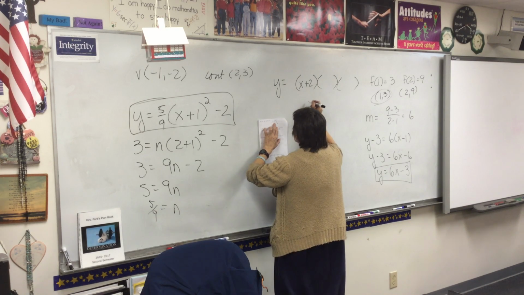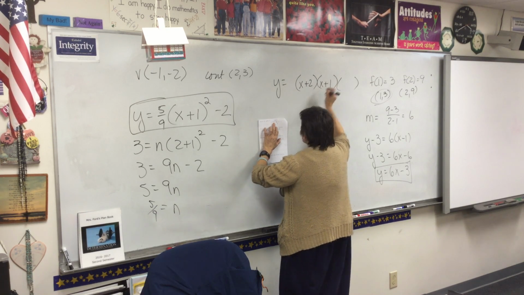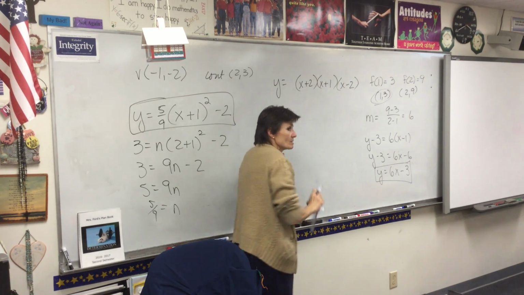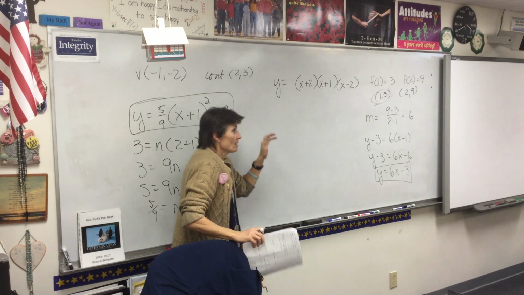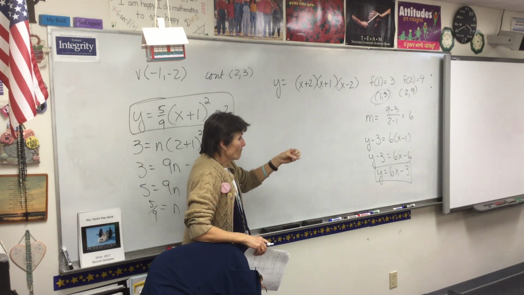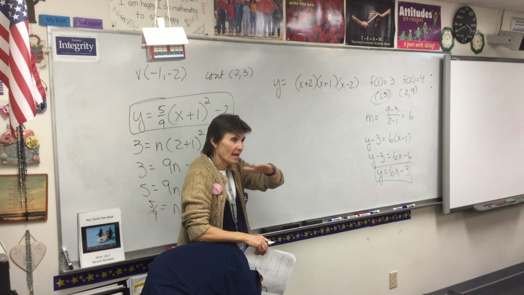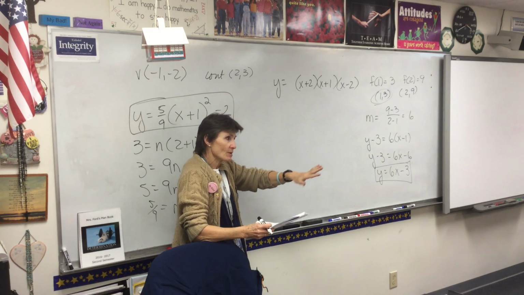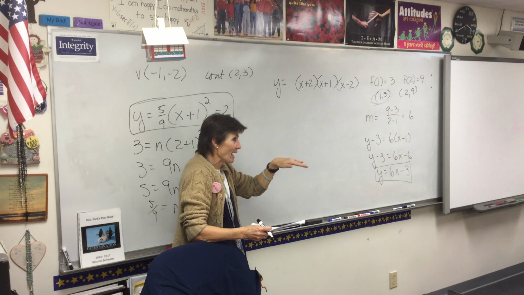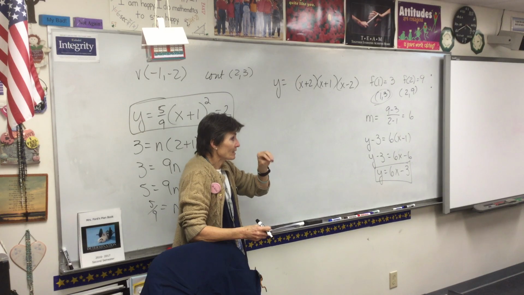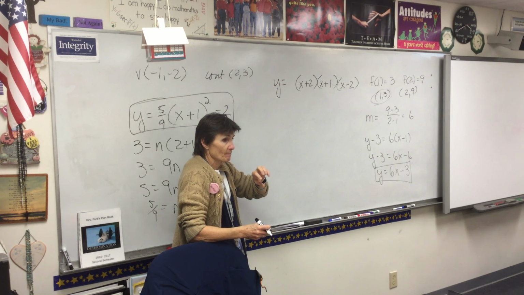Plus 2, x plus 1; plus 1, x minus 2; minus 2. Everybody okay with those? Now, the only numbers that get the parentheses like that are the dots on the x-axis. So I know there's another dot in the problem, but it is not a factor. We're going to do something different with that one. You make factors from the x-intercepts.